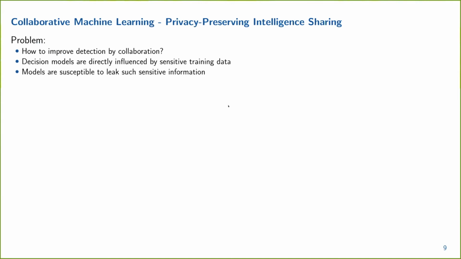As Martin has said in the previous talk, a big aspect in SAPPAN is the privacy-preserving intelligence sharing. And here we wanted to improve the detection performance of a classifier by collaboration. Of course, we can't share raw data because it contains sensitive information.